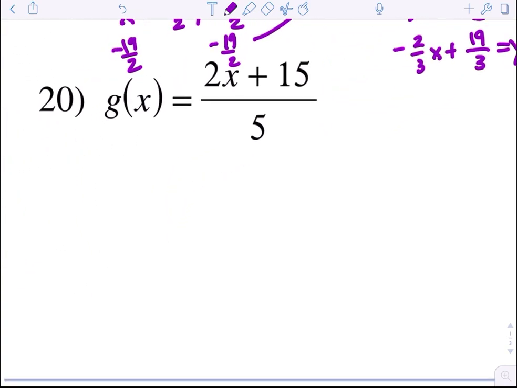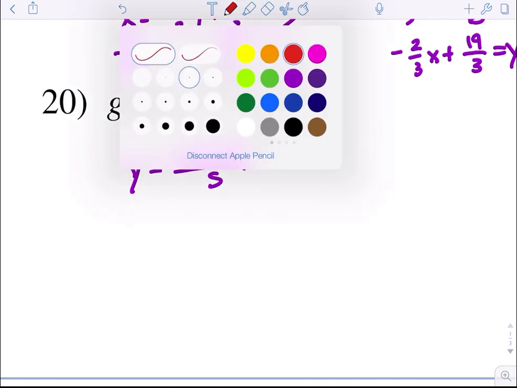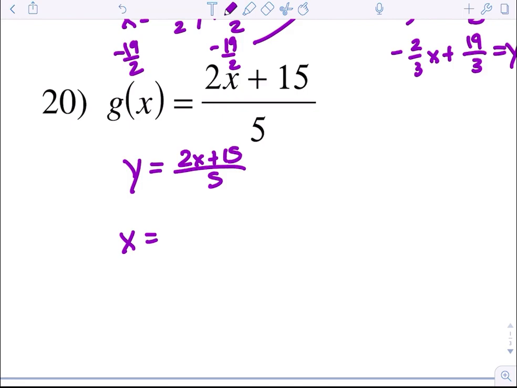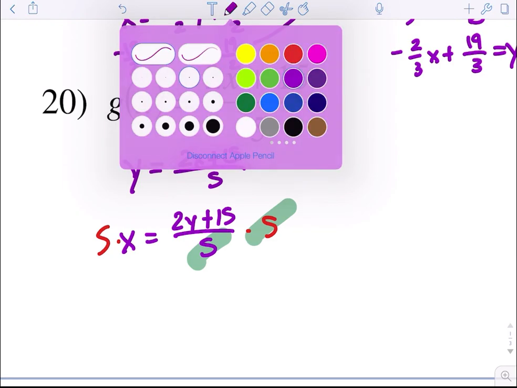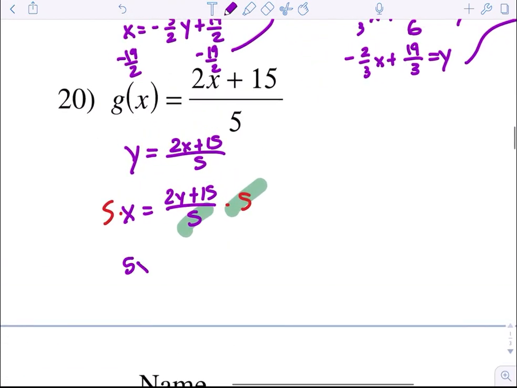And then our last one, y equals 2x plus 15 all over 5. We gotta switch variables, so x equals 2y plus 15 all over 5. Solve for y now, gonna multiply both sides by 5. These cancel. So you guys should have 5x is equal to 2y plus 15.